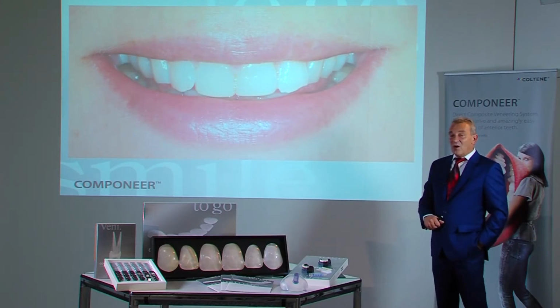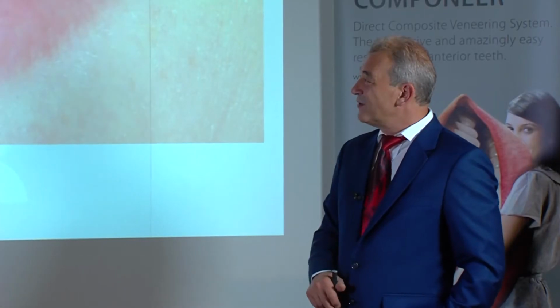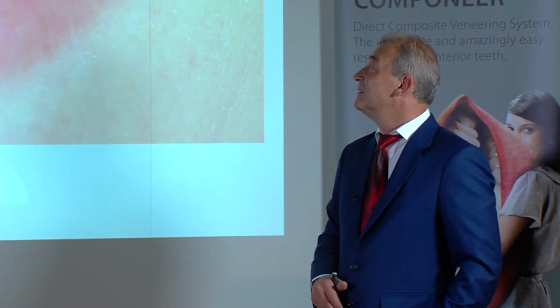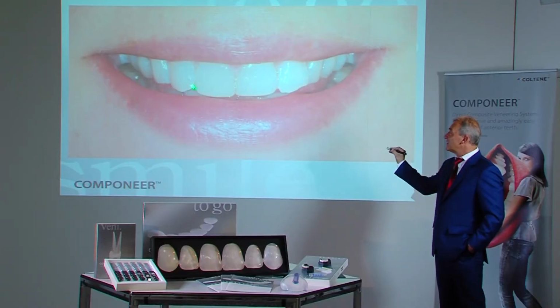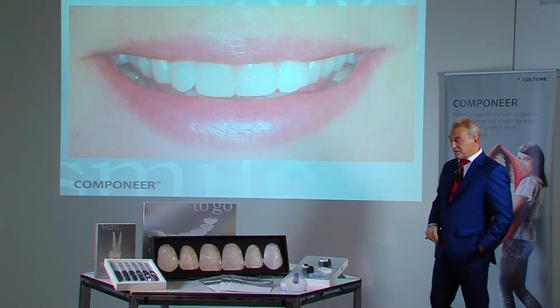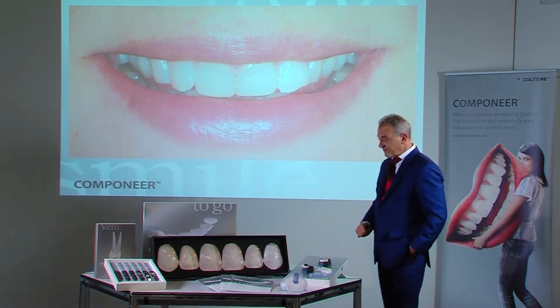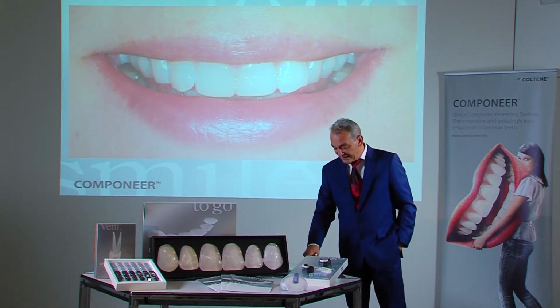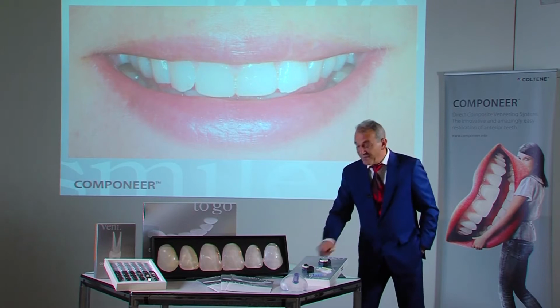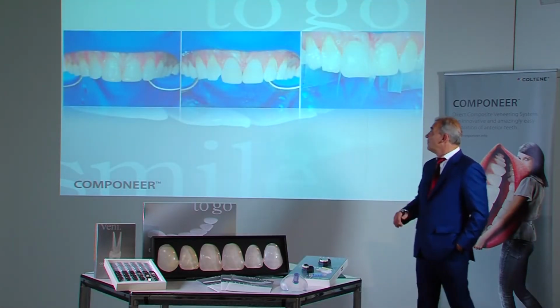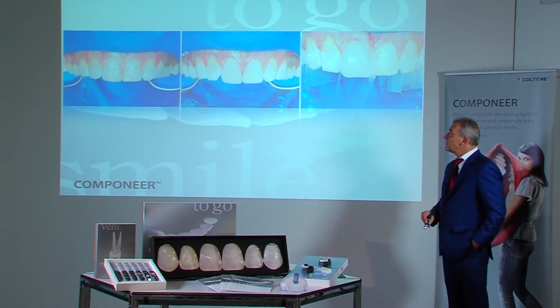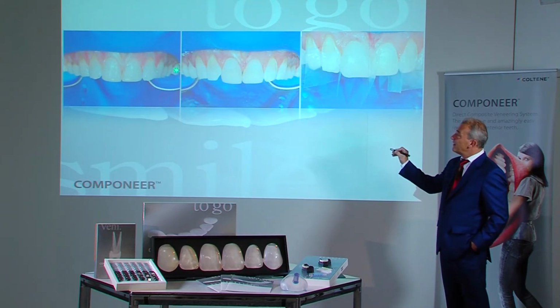In this case, we have erosions. We cannot see any abrasions, but one can see 2 old composite structures which I had prepared myself 10 years ago. If one takes a closer look, one can see erosions in the cervical area.